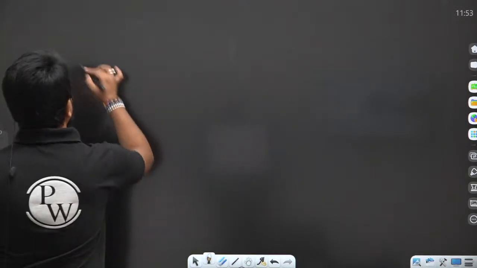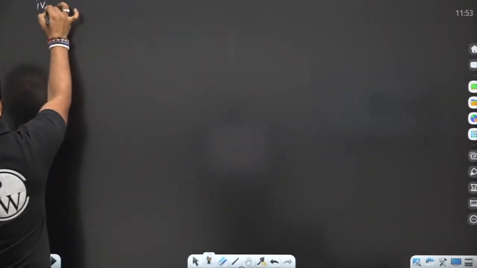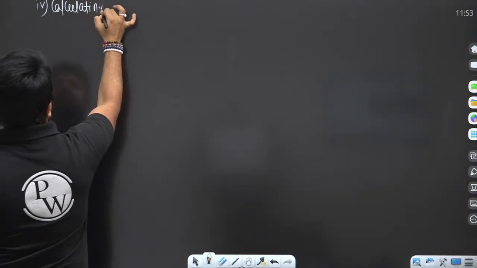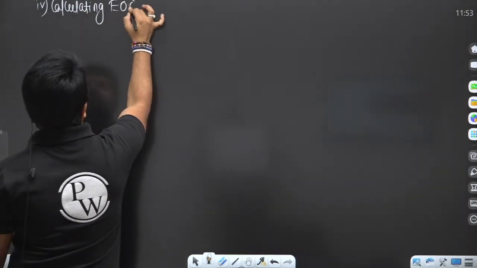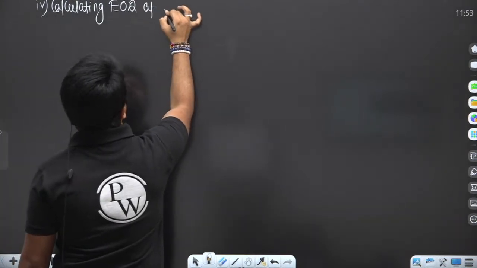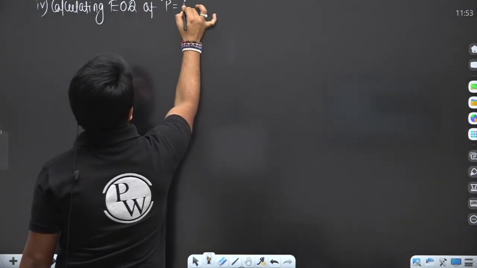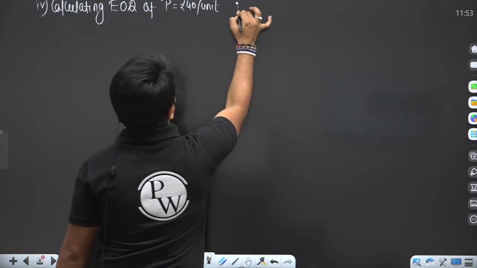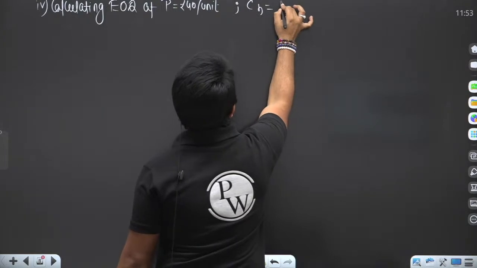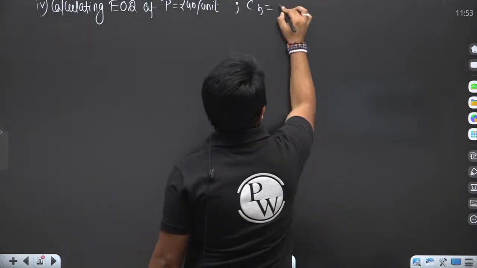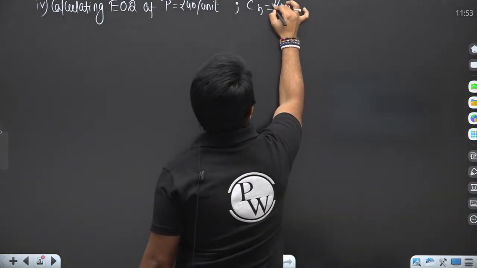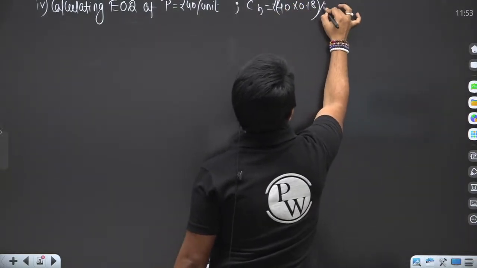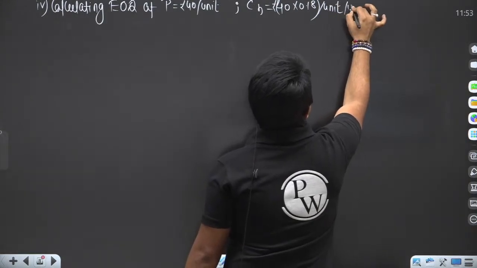Calculating the economic order quantity at a purchasing price of rupees 40 per unit, your holding cost will be 40 into 0.18 per unit per year.